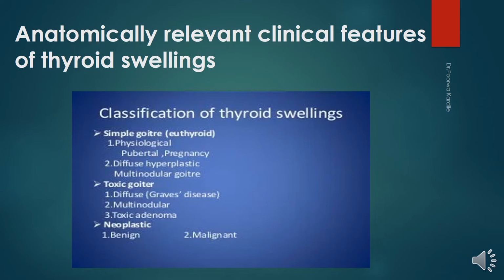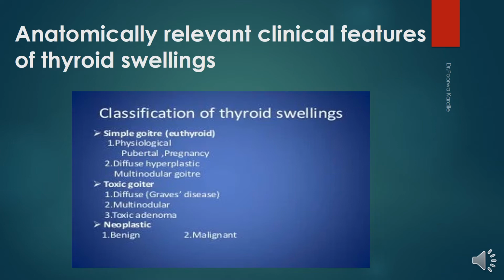Thyroid growth is limited upwards by the sternothyroid muscle attached to the oblique line of thyroid cartilage, and thus any swelling of the thyroid gland grows downwards. Then the enlarging gland tends to push structures deep to it, and if there is compression of the trachea, it leads to dyspnea, that is difficult breathing.